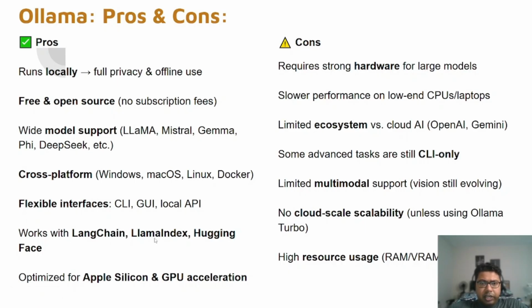Works with LangChain, Llama Index, Hugging Face. So I think this con is against this one. Basically, it's saying it only supports a few tools, and it doesn't support cloud-based scalability.